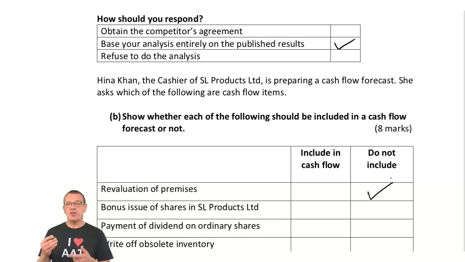They're issuing shares in place of actually leaving cash. So a bonus issue of shares, again, that should not be included in a cash flow because there's no generation of cash coming in or cash coming out. It's a journal within the business that moves something around. So we'll say we'll not include that.